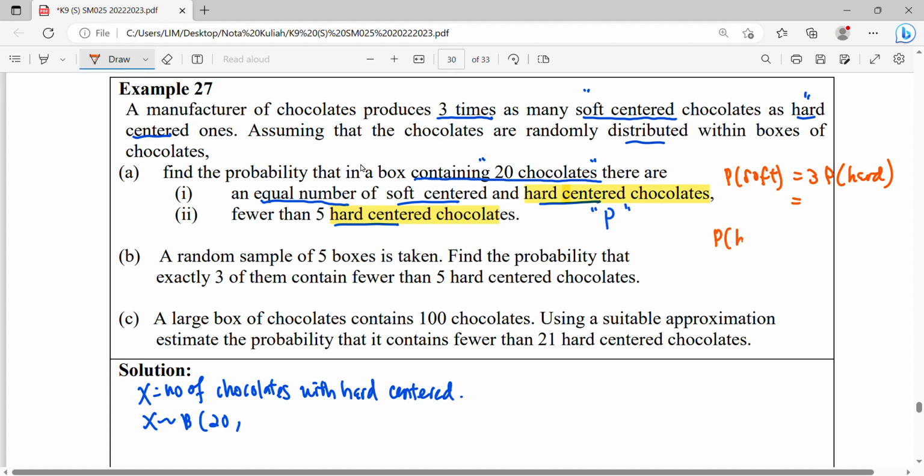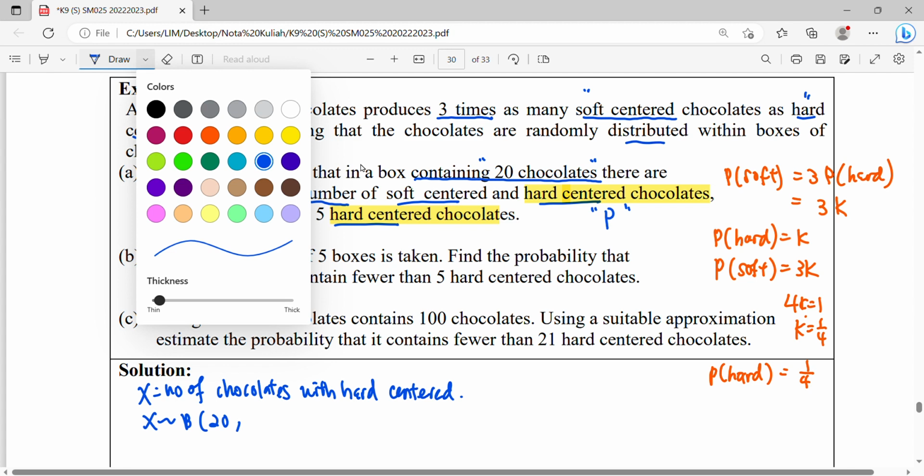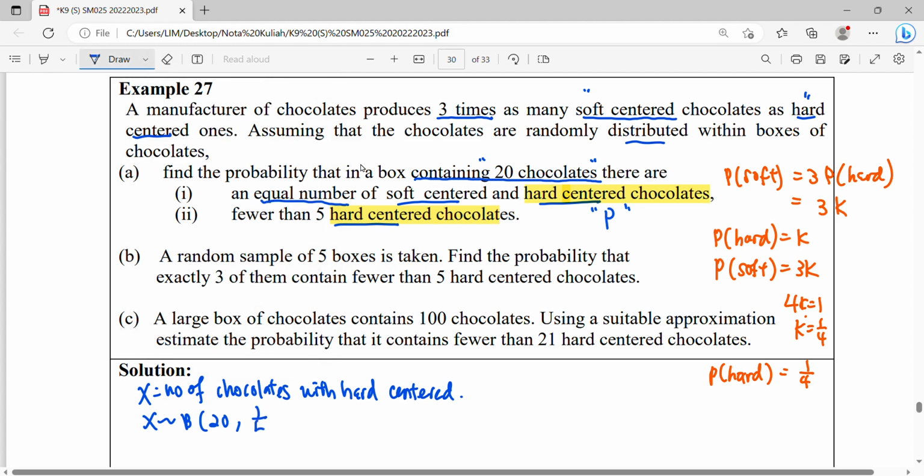So supposedly probability of hard we take K. So probability of soft will be 3K. Total probability 4K, as before, will get 1. So K is represented by 1/4. So probability of hard is K, so hard-scented is 1 over 4.